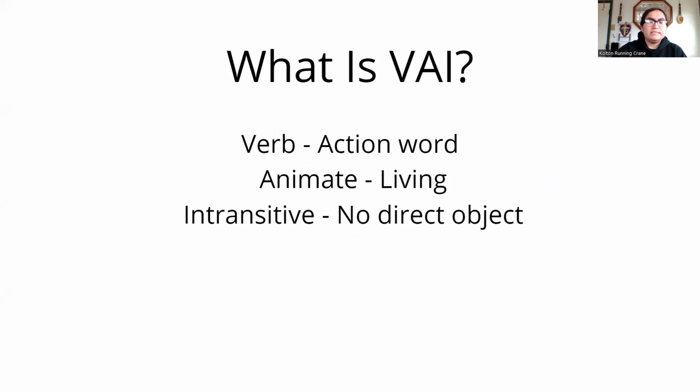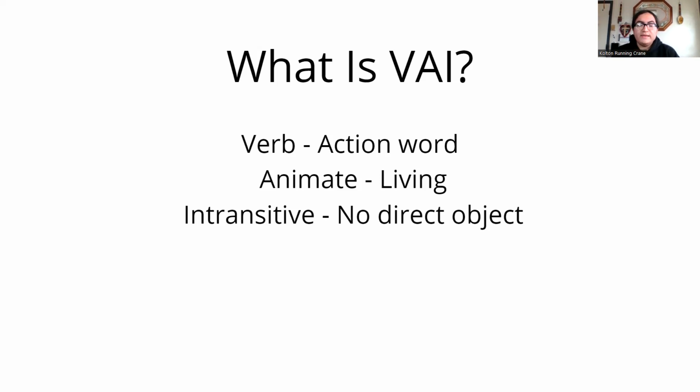VAI is verb animate intransitive. Verb is just an action word. Animate: in Blackfeet, we have concepts of animacy and inanimacy, which is basically living versus non-living. And intransitive means it has no direct object, so the verb is occurring without acting on something else.